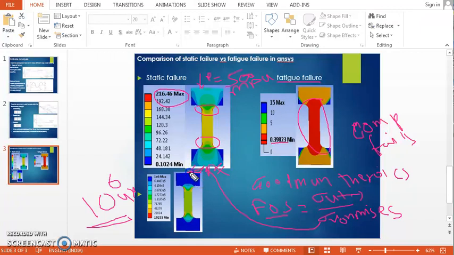So we can see that this portion will not fail, but at the neck portion, the maximum cycle life at this portion and at this portion it is 92233 minimum. So your component will not sustain the stress at this point, and it will fail at this cycle, after this cycle.